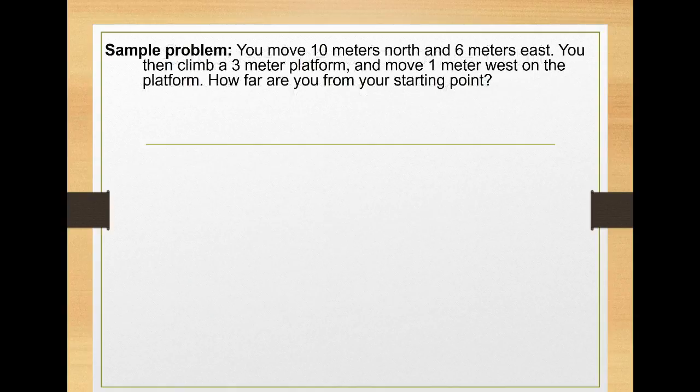So now let's take our sample problem from before. Remember that we had for this that r was equal to 5 i hat plus 10 j hat plus 3 k hat. And we want to find how far we are from our starting point. Well, that's just the magnitude of r.